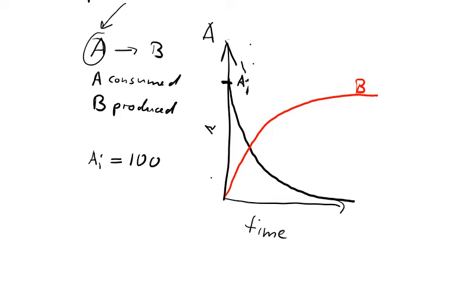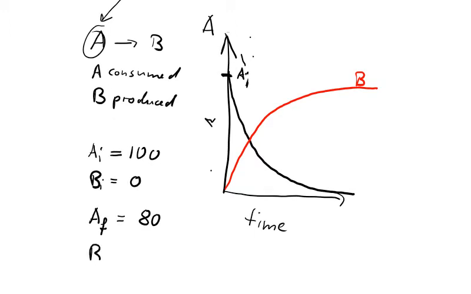Yeah? And let's say our B initial equals 0. So we just have A at the moment and no B. And we wait for a certain time, and then let's say we have our A final is, let's say, 80.